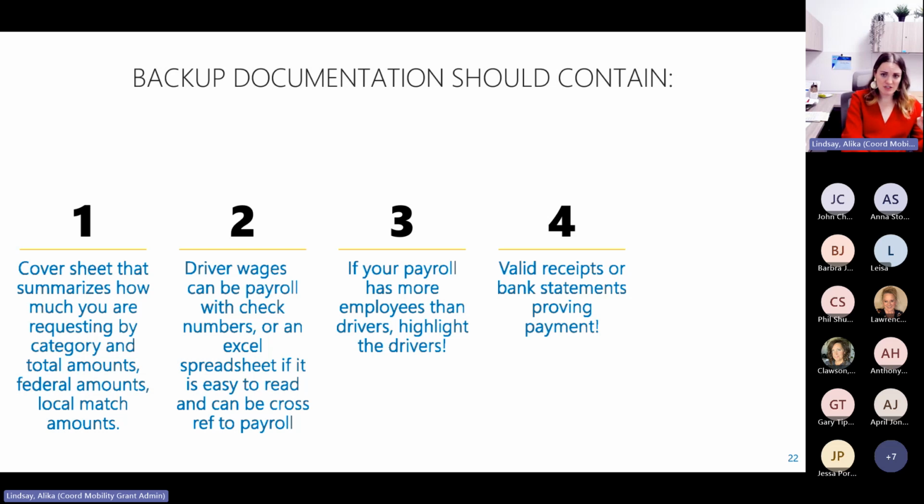You must have valid receipts or bank statements proving payment. We also have examples of that in the guide of different things it can be. Eligible expenses only. Remember to check the allowable expense section in the guide. And then if it's not there, you can reference the cost principles circular. And if it's still not clear, let us know and we can discuss it.